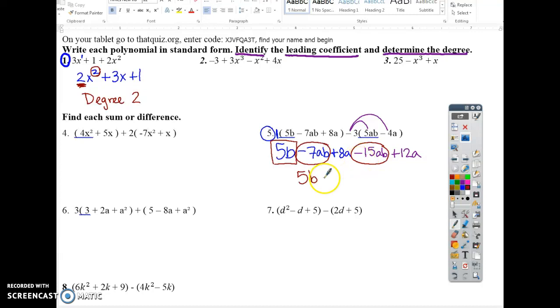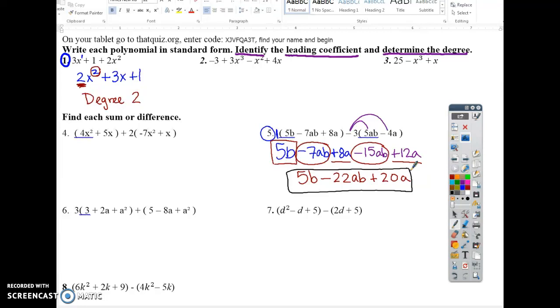What does it give you? -22AB. They both have an AB, so you have to put AB. And then the last one is the positive 8A plus 12 gives you a positive 20A. And this is your answer. Okay? That's how you would do 4 through 8.